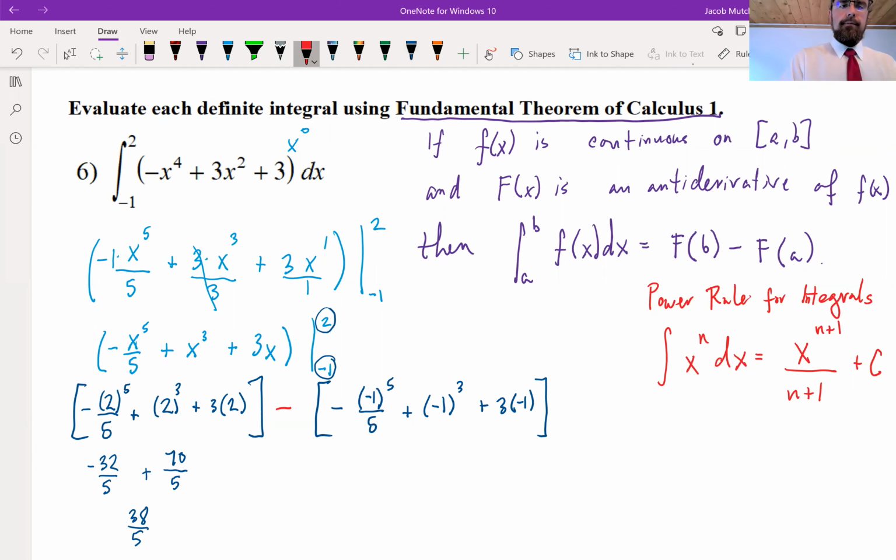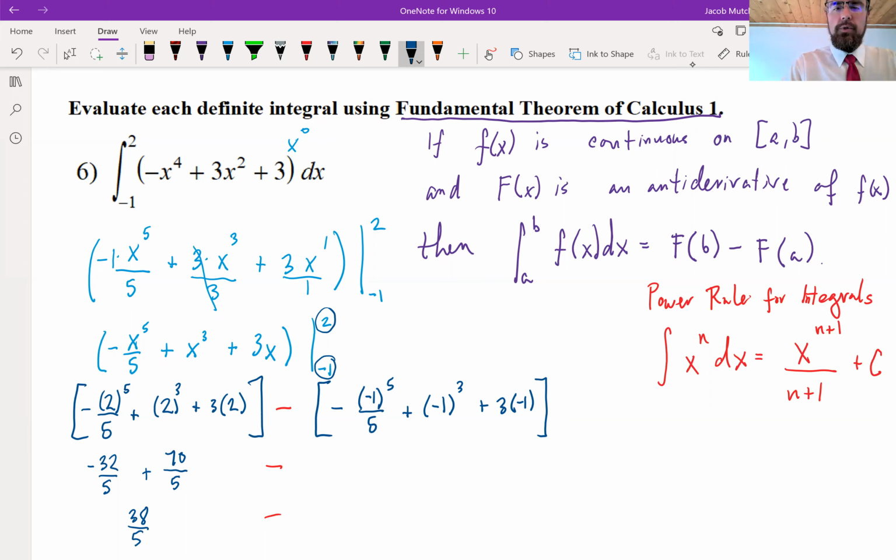Okay, let's simplify the second expression here, which is the antiderivative with the lower limit -1 substituted in. So again, we just want to take that piece by piece. This first fraction, -1 to the 5th, is really going to be -1 still.